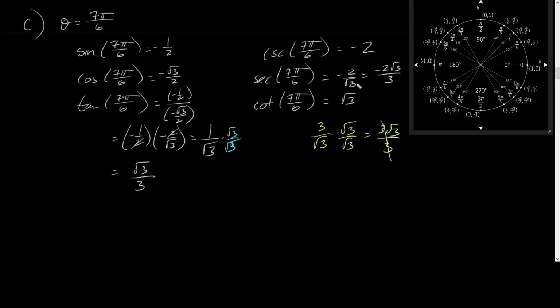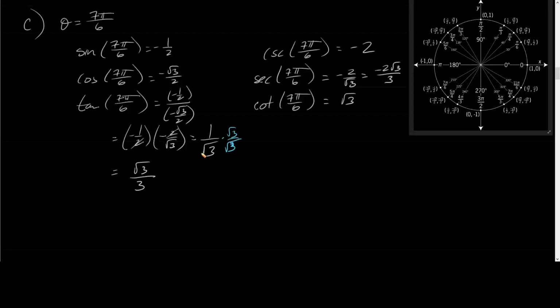But I would suggest you get into the habit of looking at, before that, there was an easier one that I could just take the reciprocal of without having to do extra work. All right. So that is all the 6 trig values for the angle of 7 pi over 6.